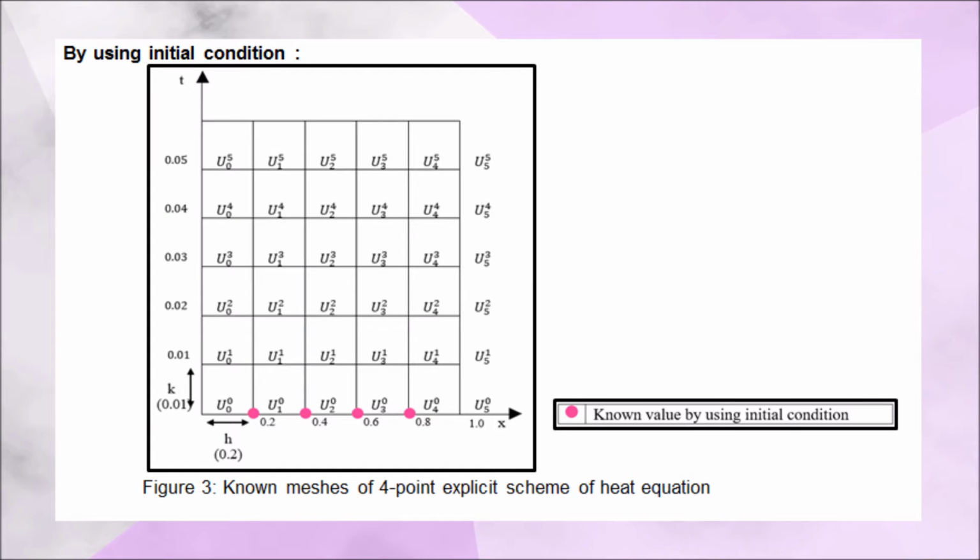In this part, we will just focus on finding the 4 points highlighted in pink, which will be found by using the initial condition. In this graph, as you can see, k is the increment of t, which is equal to 0.01, and h is the increment for x, which is 0.2.